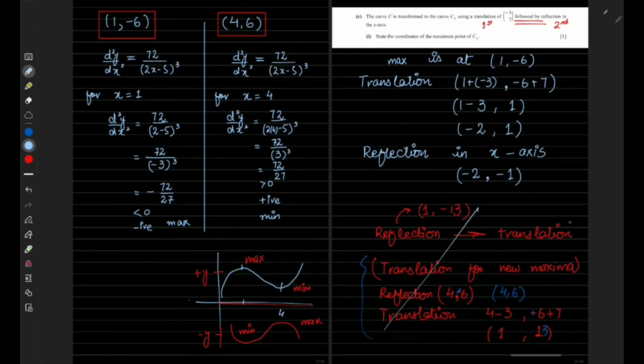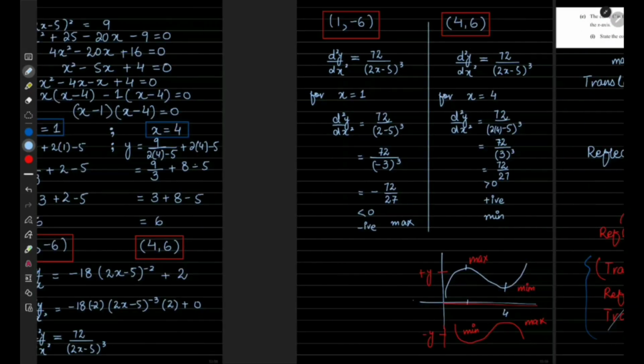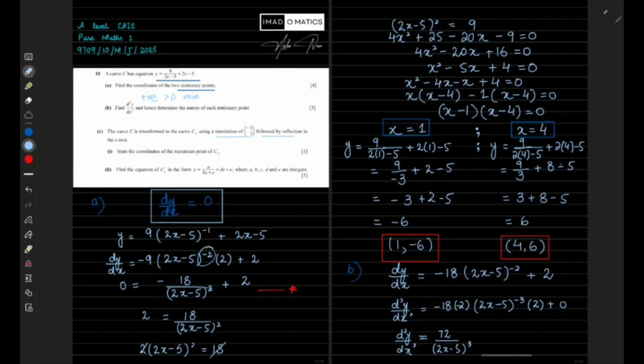So this is your whole working for question number 10. Question number 10 was a bit tricky from part C. We have to do translation followed by reflection. So your English must be correct.